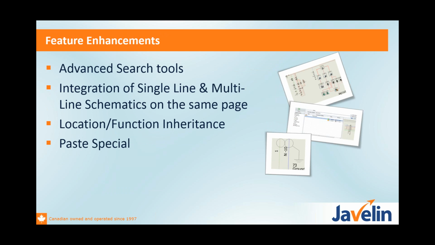You also have a seamless integration between your single line and multi-line schematics, and you can now have them on the same page. For those enthusiasts who like to classify and categorize their projects by location and functions, now it does allow you to inherit those properties in electrical. And finally, the paste special. Without further ado, let me show you how.